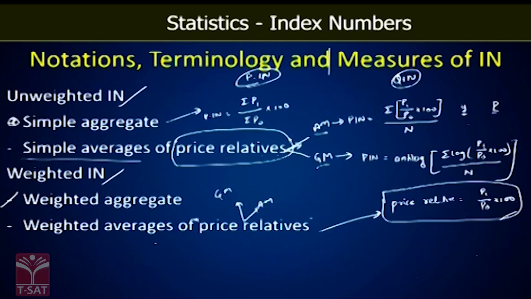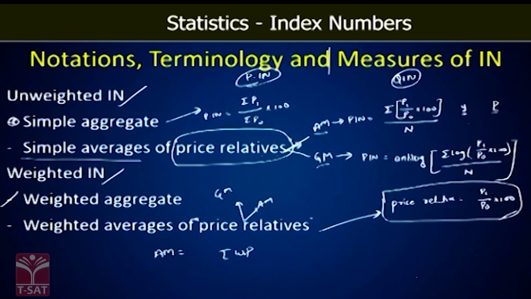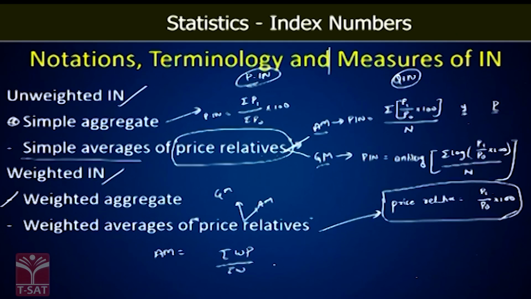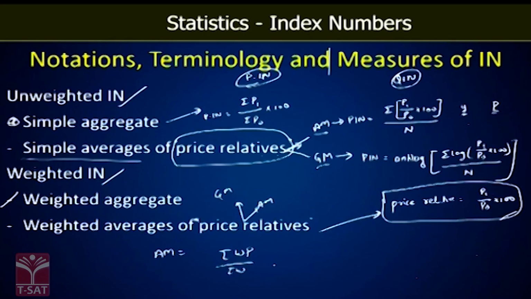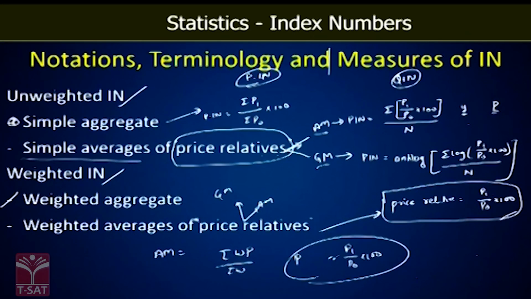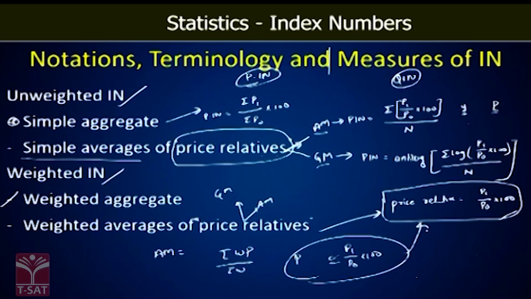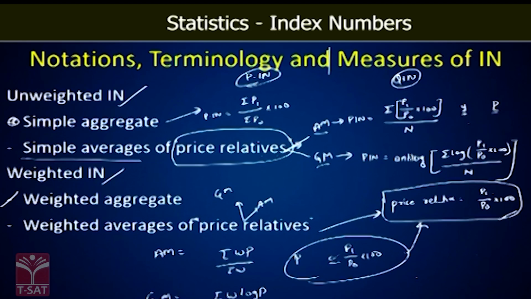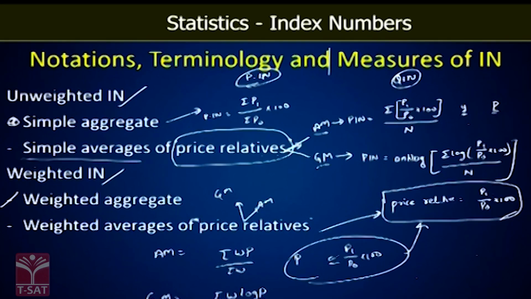The weighted average of price relatives for arithmetic mean is given by summation W into P by summation W, where P is nothing but the price relative, P1 by P0 into 100. And for geometric mean we have summation W into log P by summation W, the same P equal to P1 by P0 into 100.